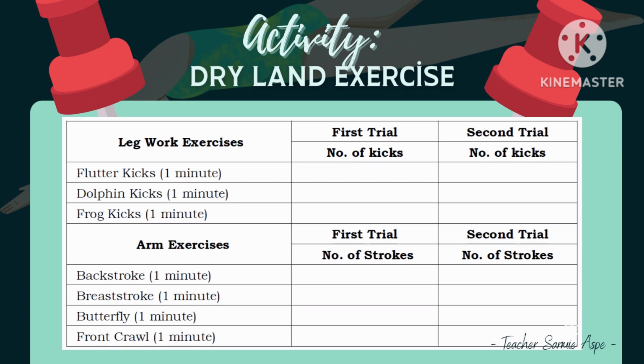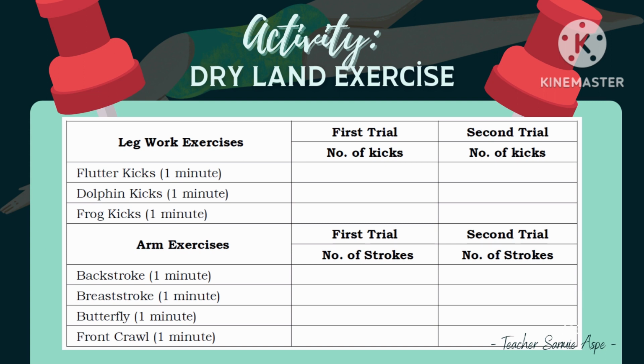Next activity is the dry land exercise. In this part, you will apply the swimming skills on dry land. Materials needed are a timer and a bench. For the procedure, number 1, ask friends or family members to assist you. 2, obtain and record your resting heart rate. 3, using a bench, perform each exercise such as flutter kicks, dolphin kicks, and frog kicks.